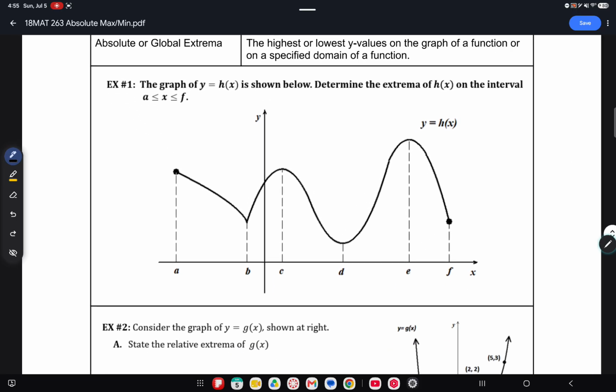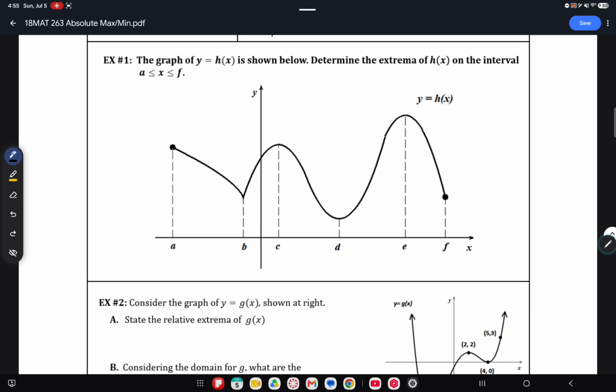Let's look at this graph here, and we're going to determine the extrema on the interval. I'm going to put relative maximums, relative minimums, and then absolute max and absolute minimum.